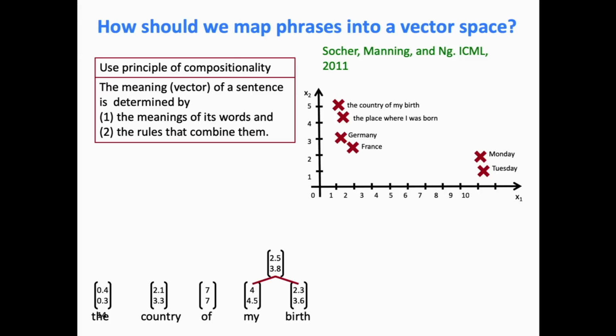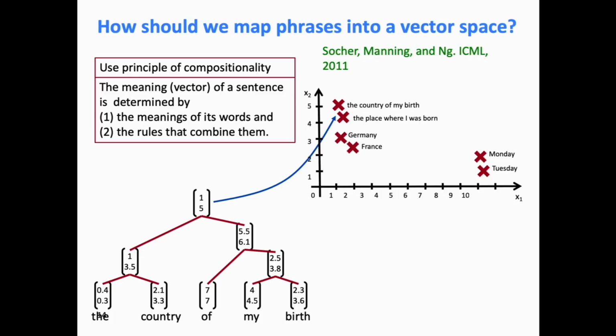So starting off with the country of my birth, I should be able to calculate a meaning of the country, a meaning of my birth, and then a meaning of the country of my birth. So we have meaning composition rules, which will let us calculate meanings upwards for larger constituents or sentences. That seems like the right thing to do.